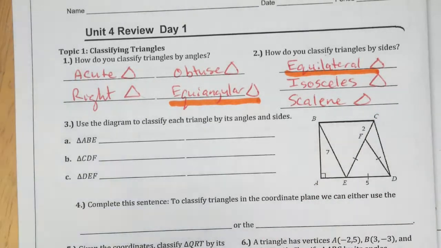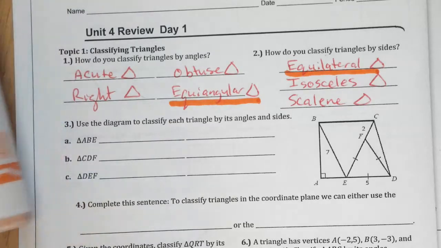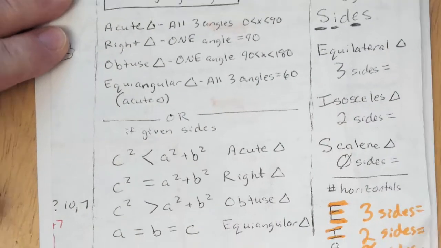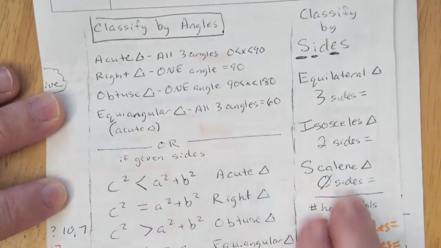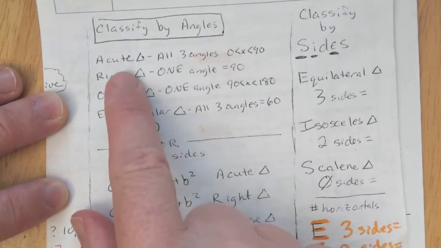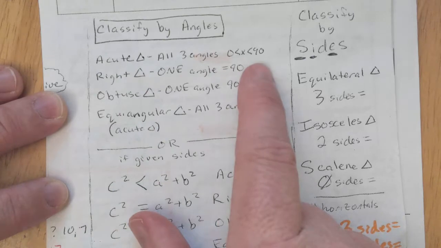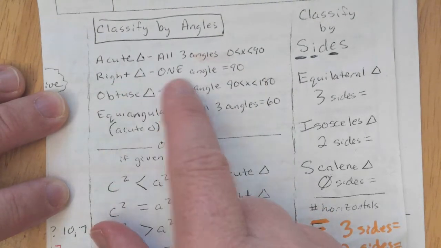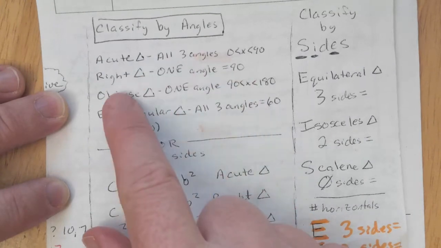If you look at your notes on page 2 of your notes, okay, so here are the ways to remember stuff. So classifying by angles. If all 3 angles are less than 90, then it's acute. If one of the angles is 90, then it's right.